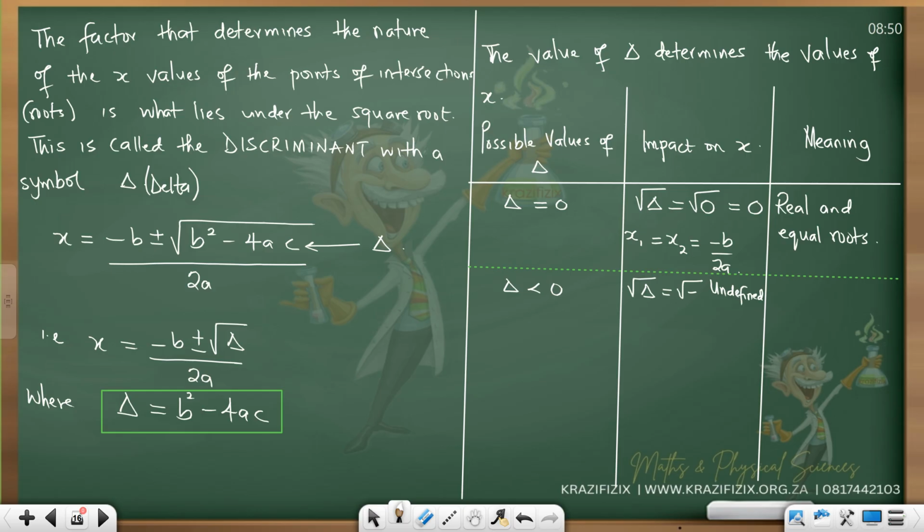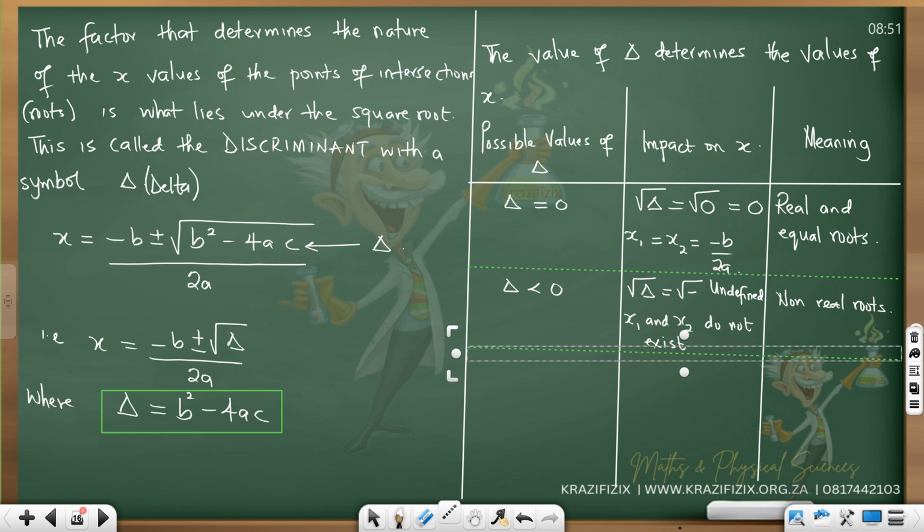So we are going to say x1 and x2 do not exist, and we call this non-real roots. I'm going to repeat this, but I just want to give you the 3 basic ones.